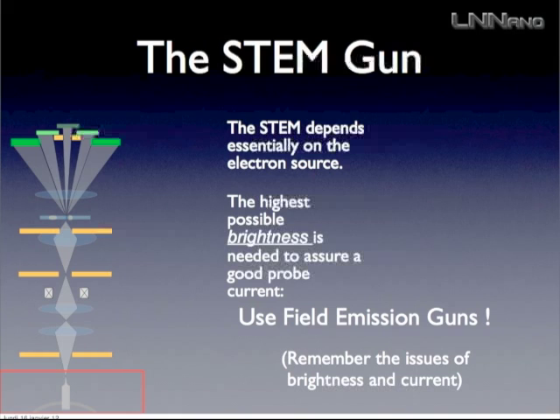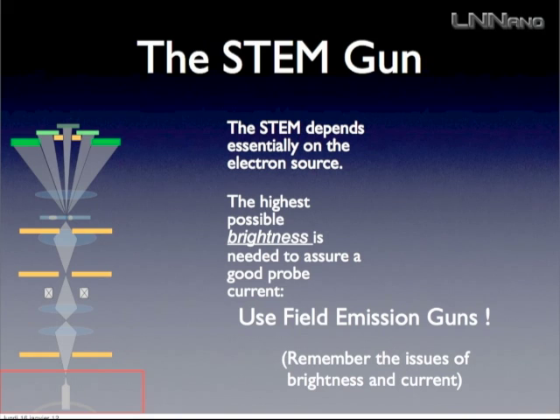Brightness, as you probably know, is a quantity which is the intensity divided by the area and divided by the solid angle. You might ask what area, what solid angle. It does not matter. You take a theoretical column which has absolutely no aberration. You can have any aperture you want, and this quantity is kept constant.